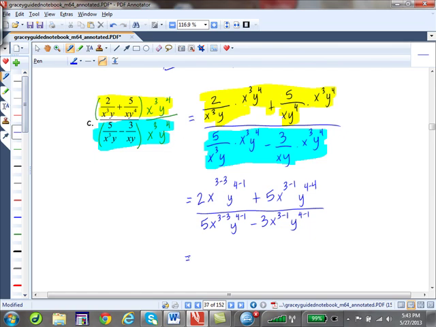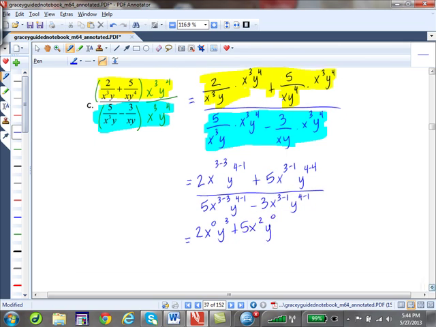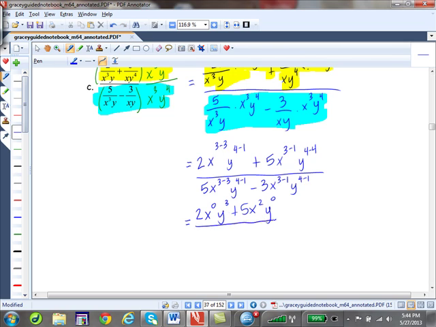So again, the numerators match up. So then we'll get 2x to the 0, y cubed, plus 5x squared y to the 0, all over 5x to the 0, y cubed, minus 3x squared y cubed.